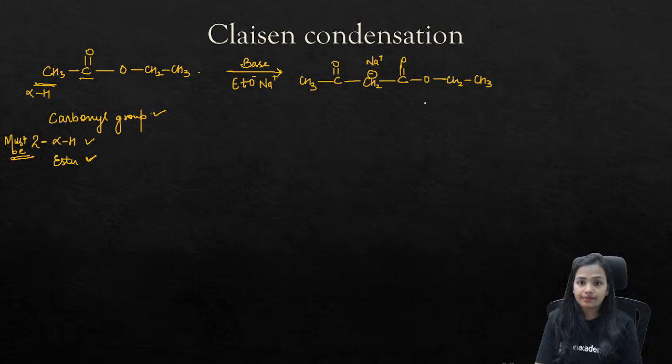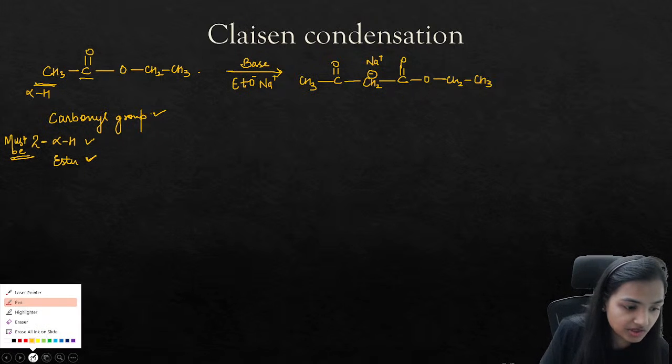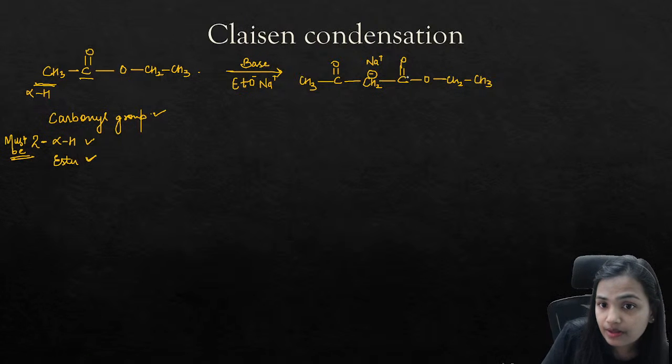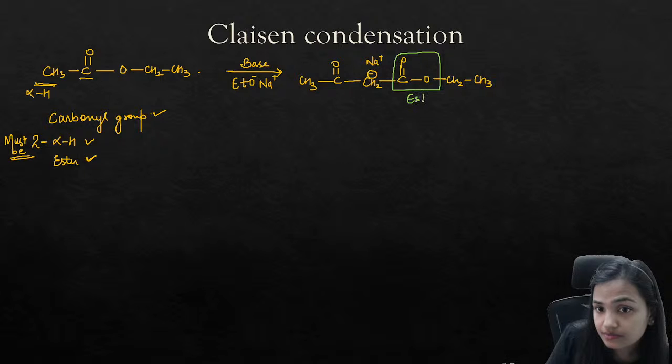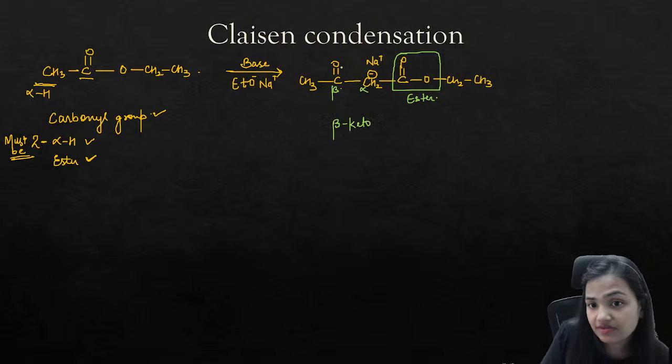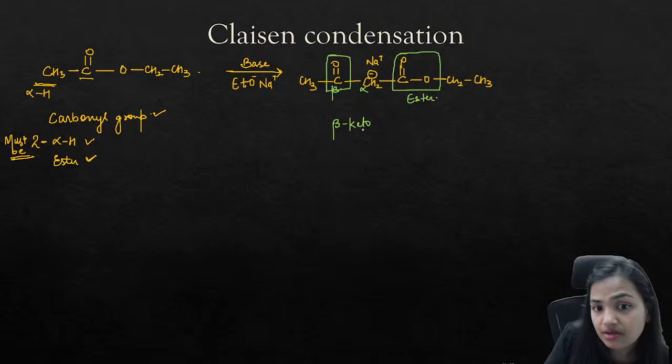So what is this? If you figure it out, this molecule is an ester. This is the alpha position, this is the beta position. So we can say that this is a beta keto. Over the beta we have a ketone as a functional group, beta keto ester.